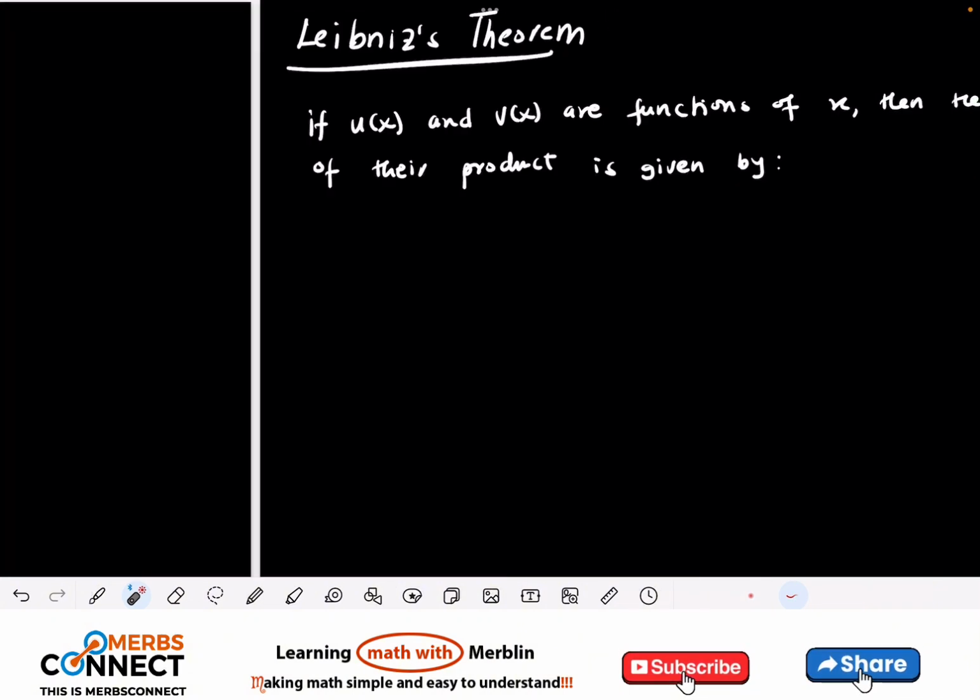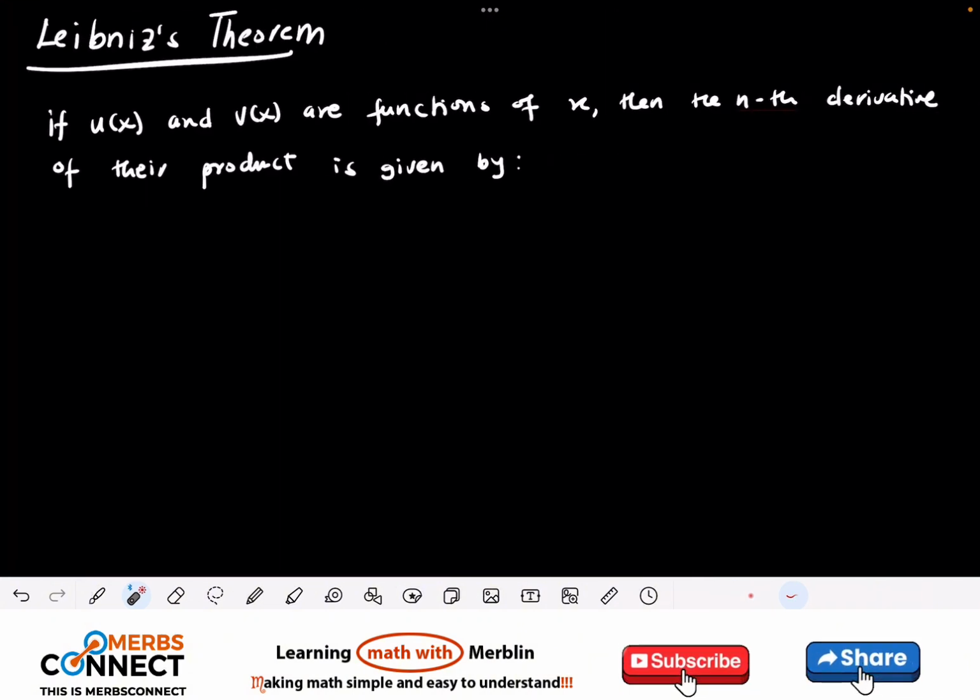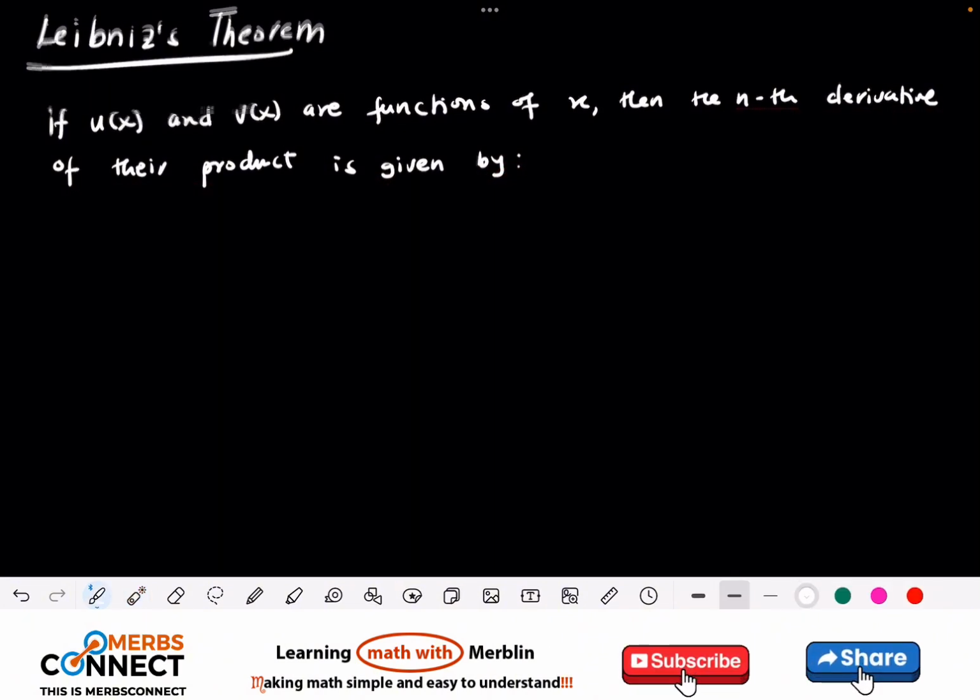So now let's look at how we are going to use Leibniz theorem. But first, let's learn the formula, right? We have u and v, they are functions of x, and we want to look at the nth derivative of their product, right?